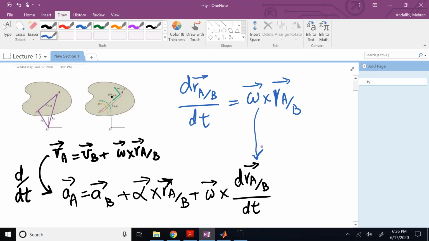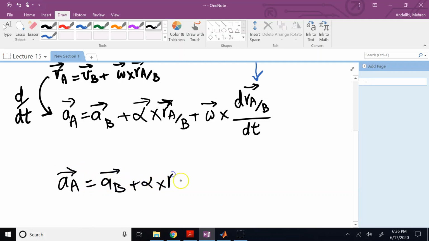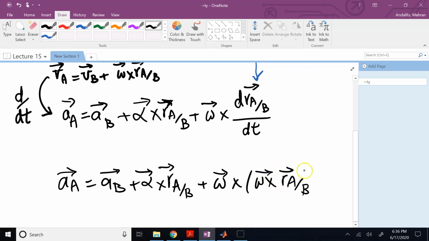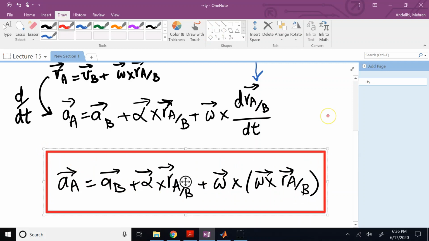So if we bring it down, then we're gonna get our important equation that a of A is a of B plus alpha cross r of A with respect to B, and plus omega cross omega cross r of A with respect to B. So this is our big important formula for acceleration analysis.